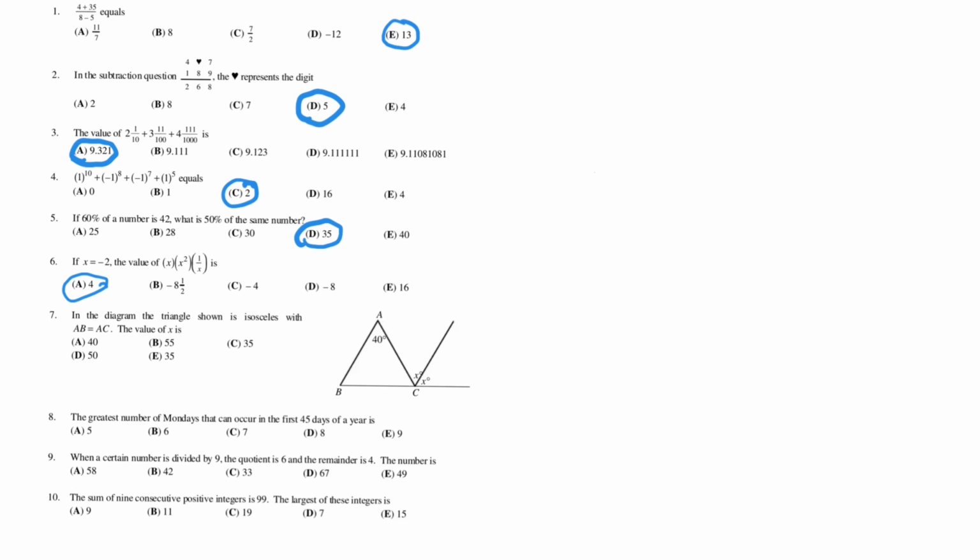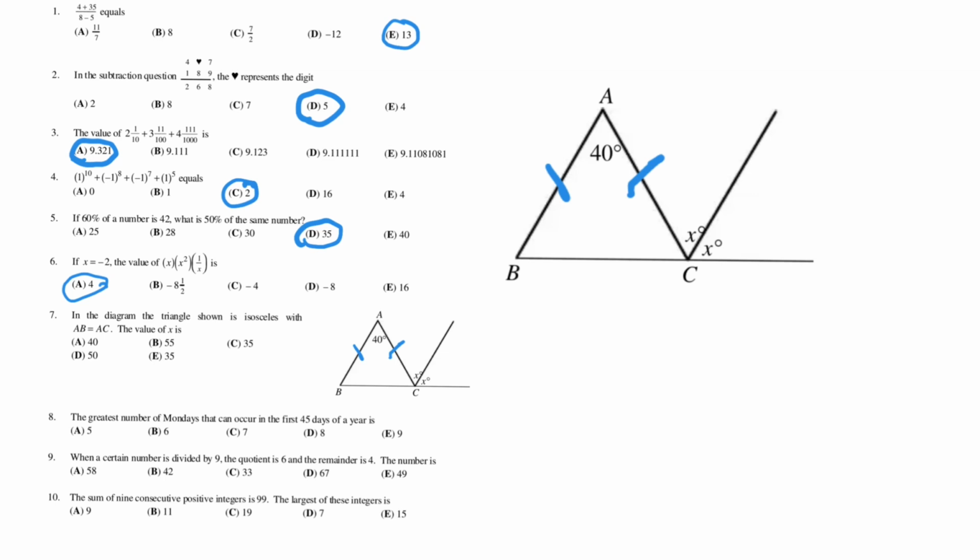Number 7: in the diagram, the triangle shown is isosceles with AB equals AC. Let me label that AB equals AC. And the value of x is, now let's copy the figure. We know it's an isosceles triangle, the two legs equal, the two base angles equal.